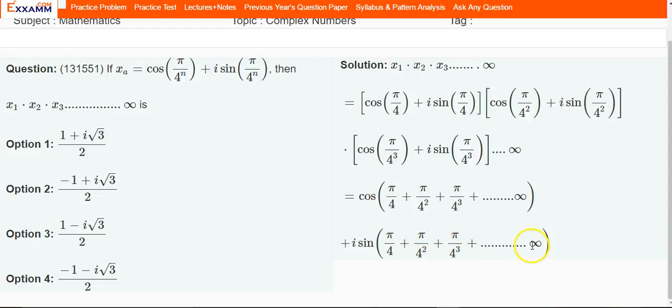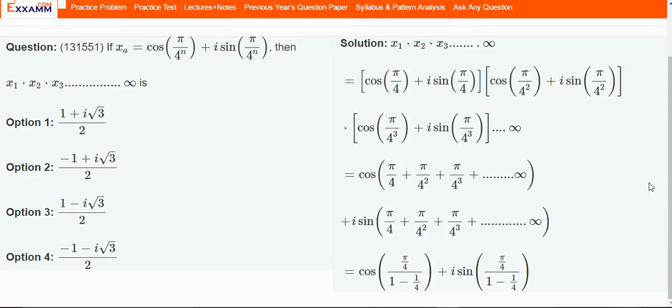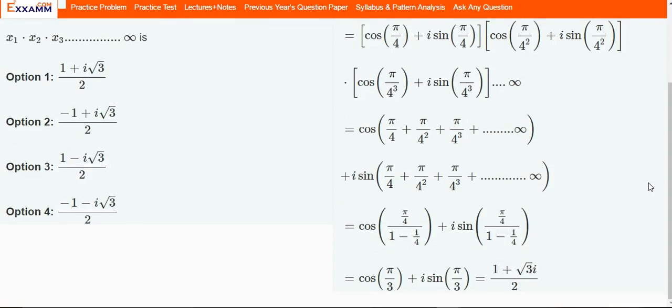This is nothing but a geometric series. So it is equal to cos of (pi by 4 upon 1 minus 1 by 4) plus i sin of (pi by 4 upon 1 minus 1 by 4). That is equal to cos pi by 3 plus i sin pi by 3, and it is equal to 1 plus i root 3 by 2, which in this case is option 1. The first option is correct.